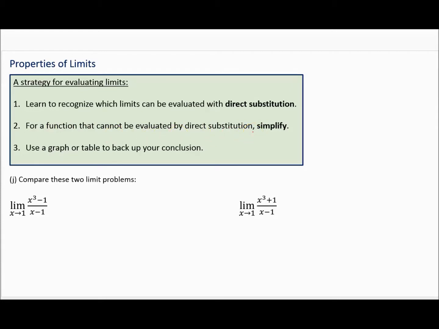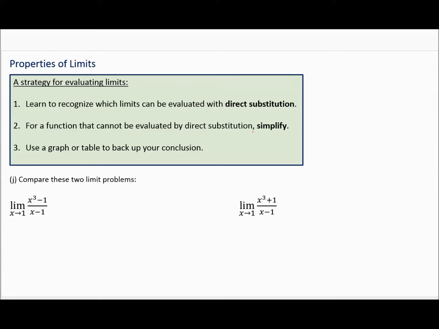For a function that cannot be evaluated by direct substitution, simplify it. And then use a graph or a table to back up your conclusion. So let's just say you're not really sure if you did it right or not. Then plug in numbers closer and closer to the c value on both sides and see if you don't get the same answer. It's nice to have 3 different methods of calculating the limit. So if you feel uncomfortable, you can always try one of those other methods.